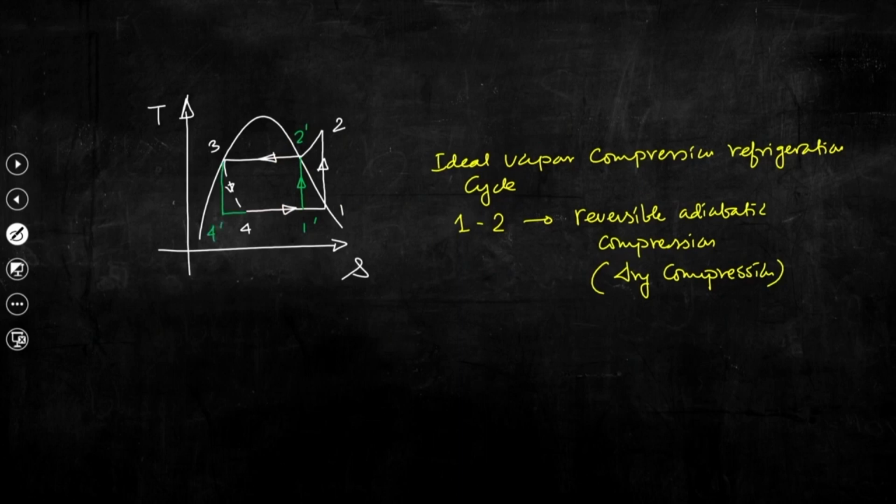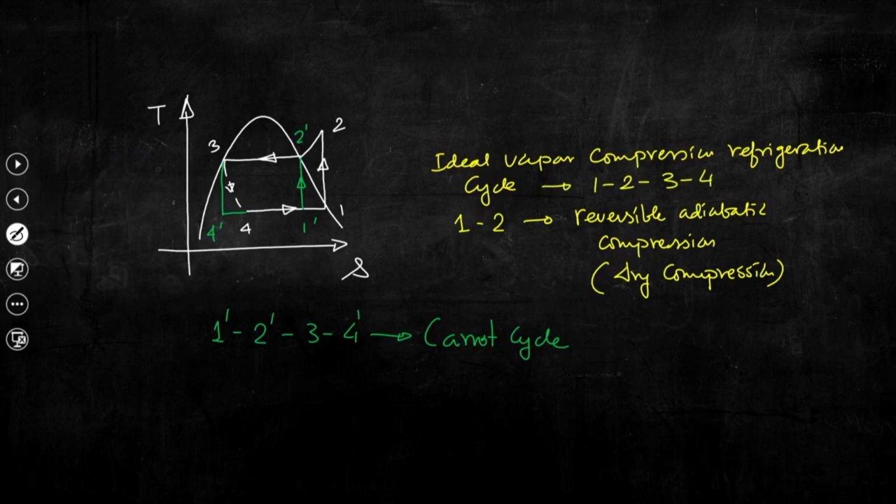So, this is 4 prime. So, now if I write 1 prime, 2 prime, 3, 4 prime, so this is the Carnot cycle, right. Whereas, the ideal vapor compression refrigeration cycle, that is 1, 2, 3, 4.